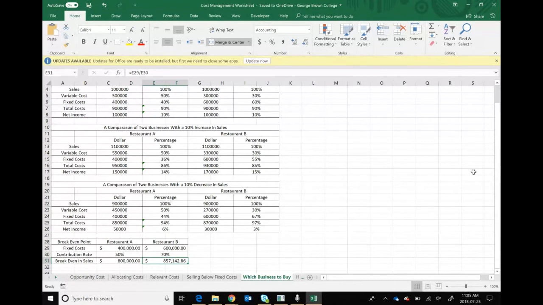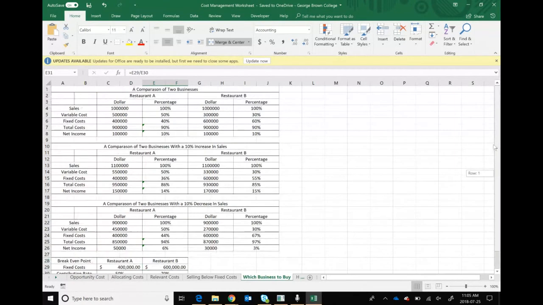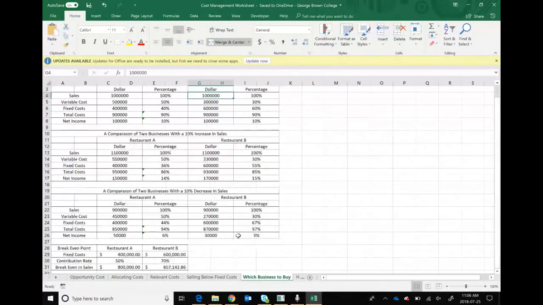If your current sales are at $1 million, restaurant B definitely outperforms restaurant A during sales growth. However, it also has a higher break-even point, which means that restaurant B would be very sensitive to sales declines, because under 857,000, you're going to be losing money.